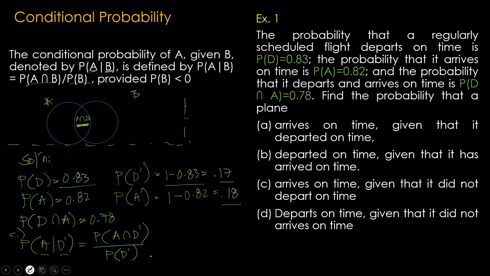How are we going to do this? We need to find this value: the probability of the intersection between A and D prime. Remember our Venn diagram.